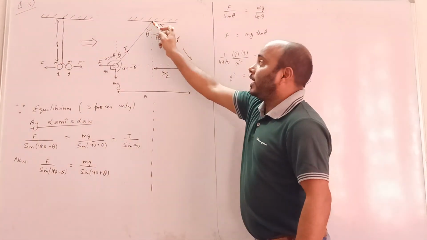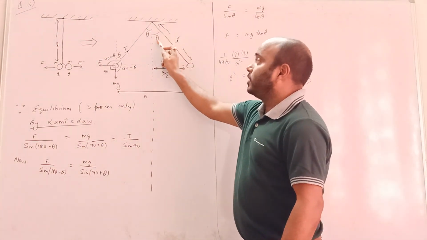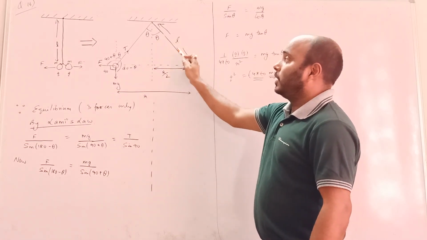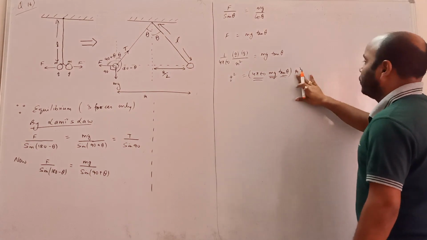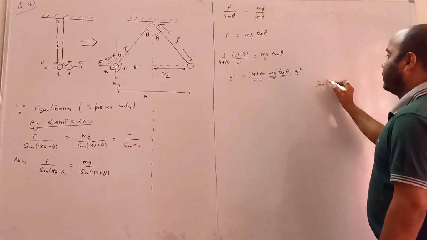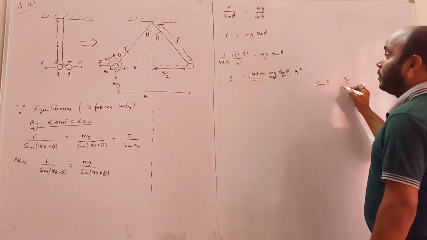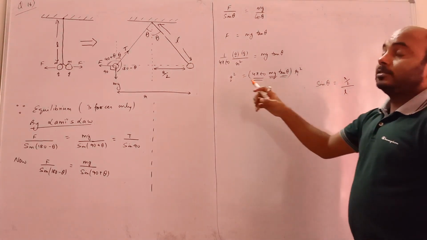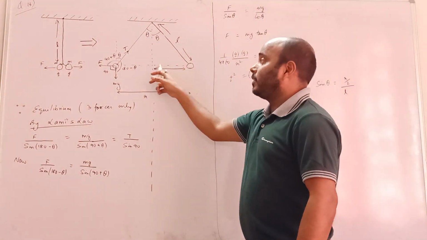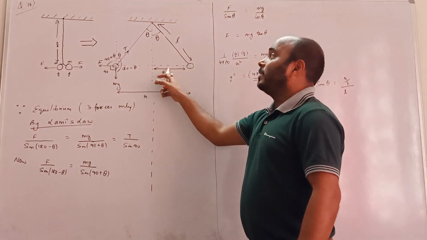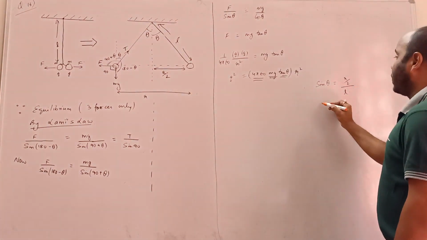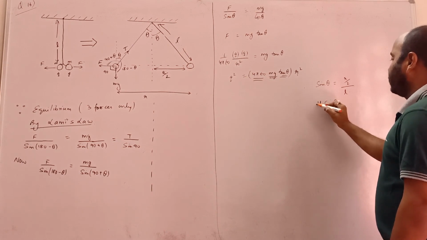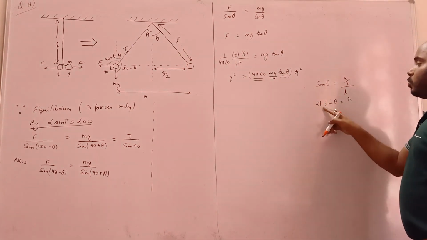So now in this triangle, see this triangle, we have theta, we have L. With respect to this theta, this is perpendicular and this is hypotenuse. So what will we do? We use sin theta. Sin theta equals perpendicular by hypotenuse. Okay, sin theta. Understand what I'm saying? This is a right angle triangle. Perpendicular by hypotenuse. From there, what is R? L sin theta equals R by 2. So we got R equals 2L sin theta.